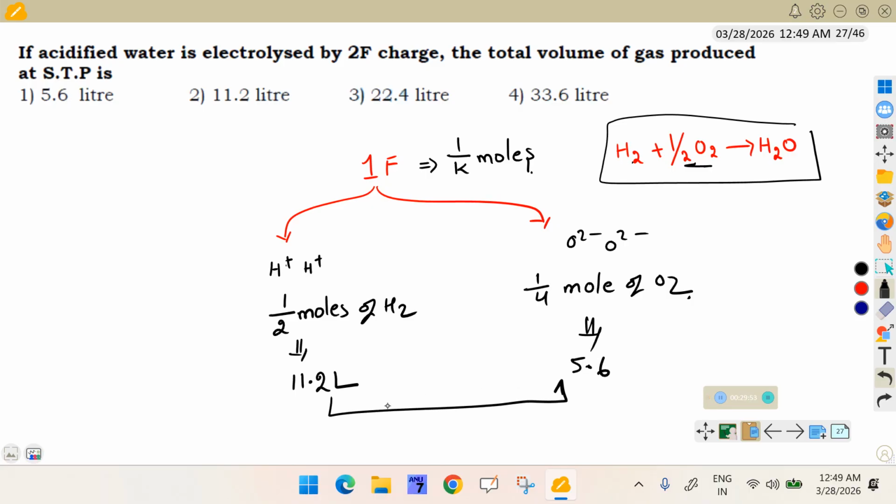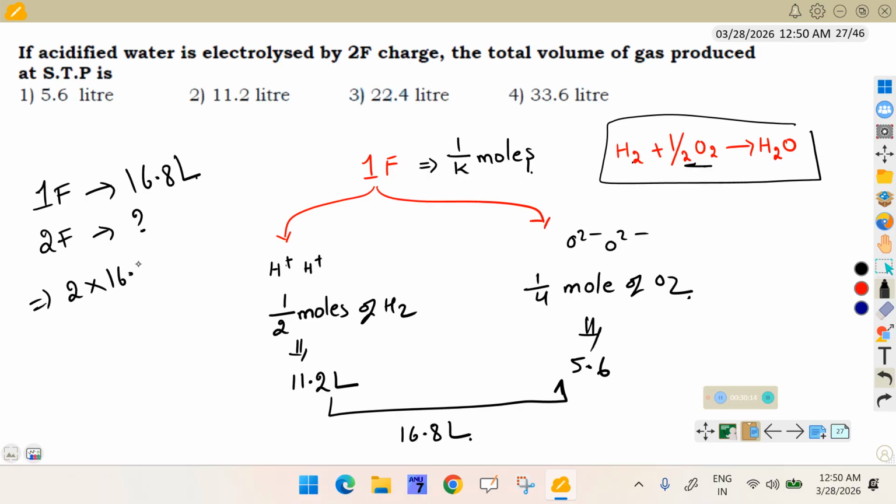Total volume 16.8 liters. If we pass 1 Faraday of current, 16.8 liters of the gas is liberated. Instead of 1 Faraday, if we pass 2 Faradays of current, 2 into 16.8 equals 33.6 liters. Fourth option is correct option.